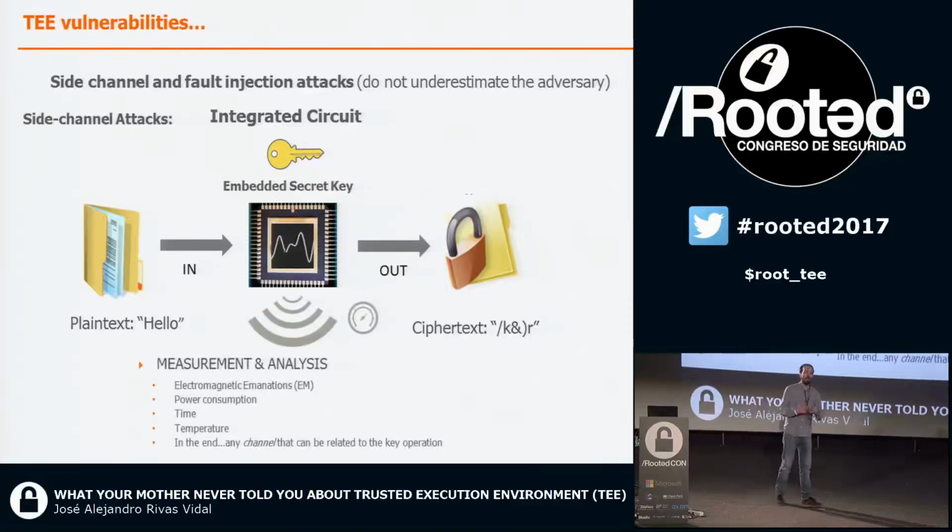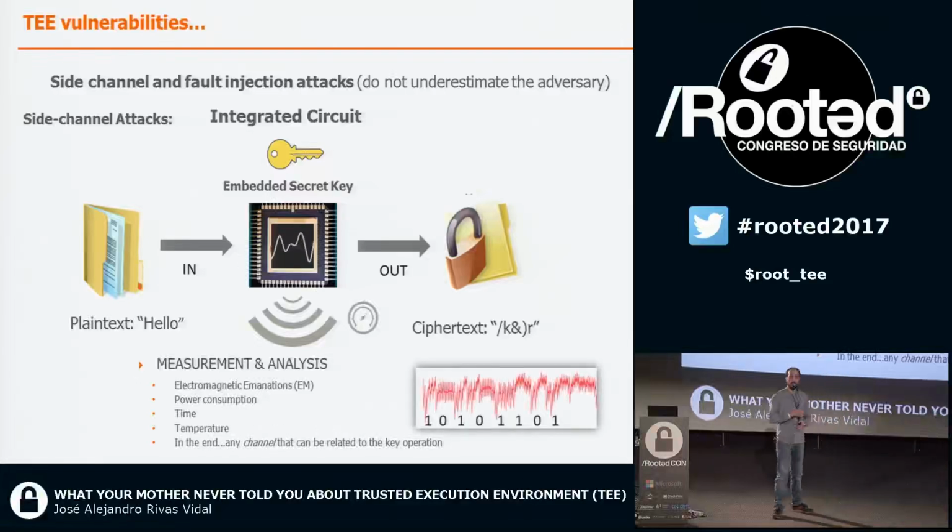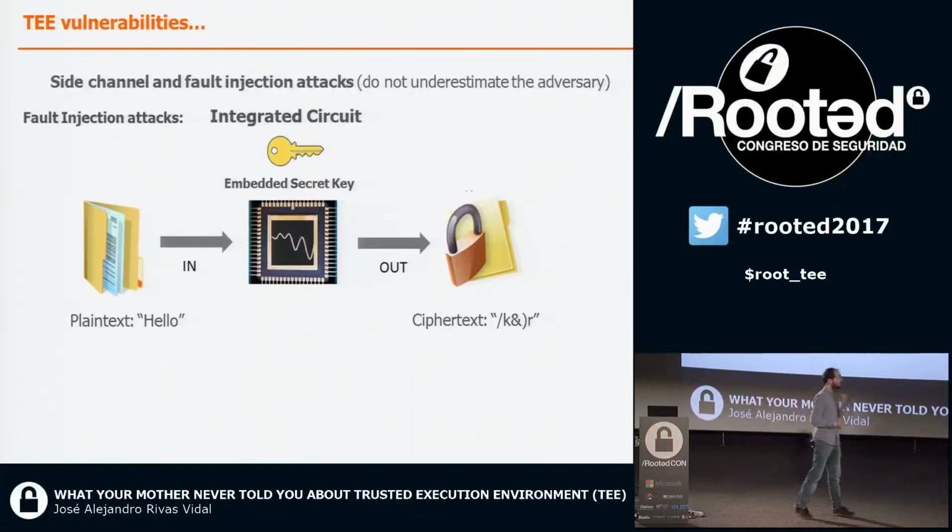Okay, so if we're able to assess the temperature, the electrical consumption, the electromagnetic frequency of the device while this cryptographic operation is being carried out, we could actually obtain the code or the key with which our message has been ciphered. So what happens in the case of fault injection?